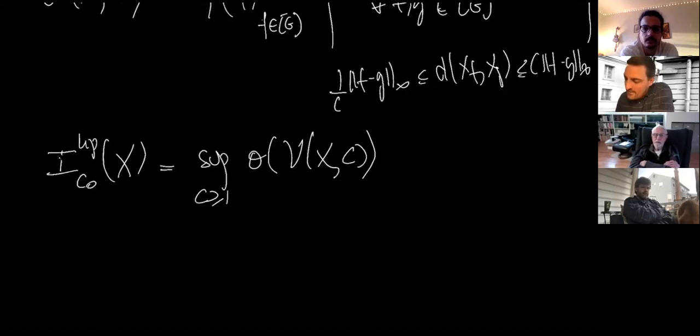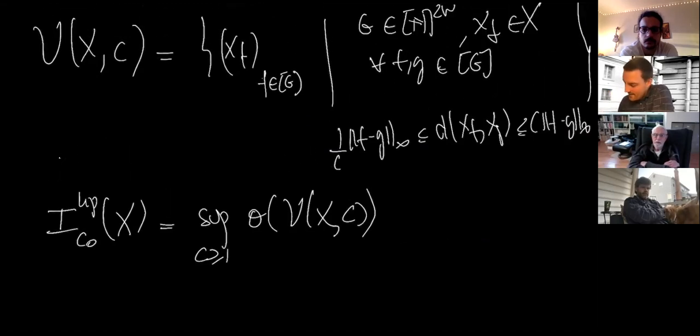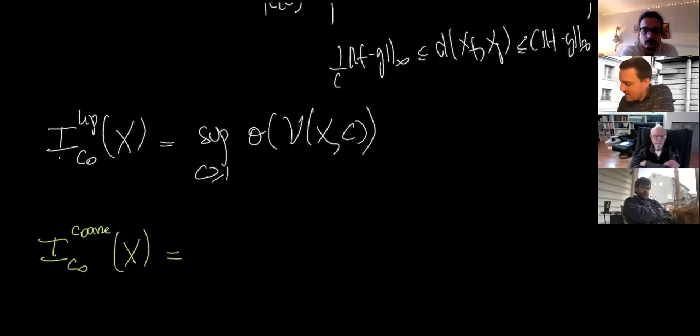Now, things become a little more complicated when you look at the coarse version. I will just mention what needs to be modified here, and I will stop after that. For the coarse version, you look at the supremum of the order of the vine.